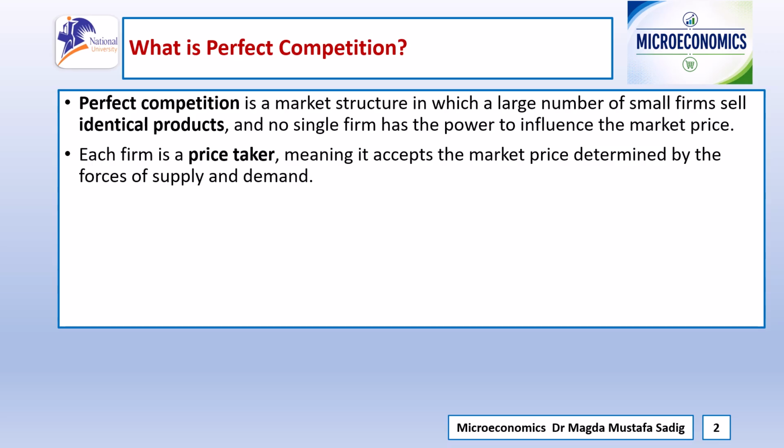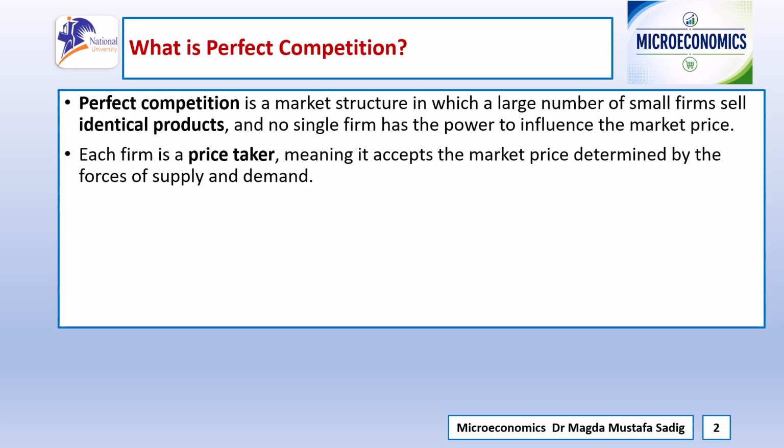First, let us define perfect competition. Perfect competition is a market where there are many small firms selling exactly the same product. No single firm is large enough to influence the market price.